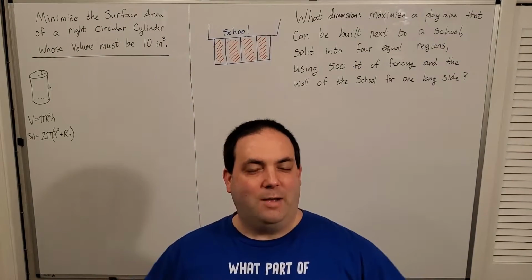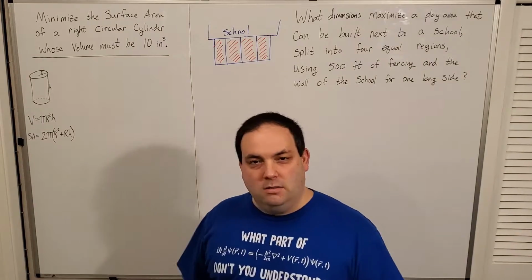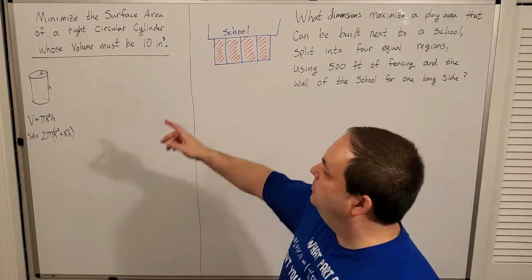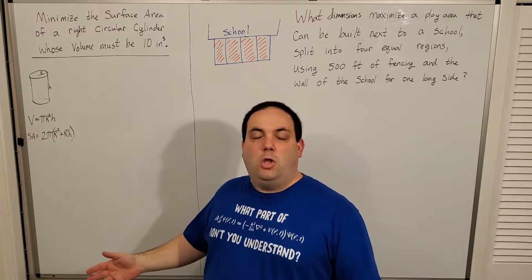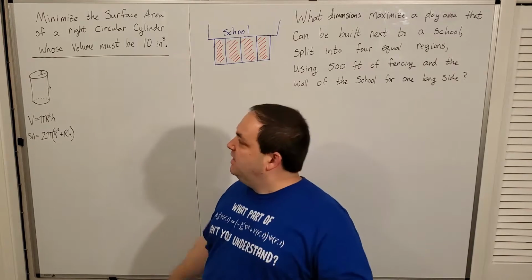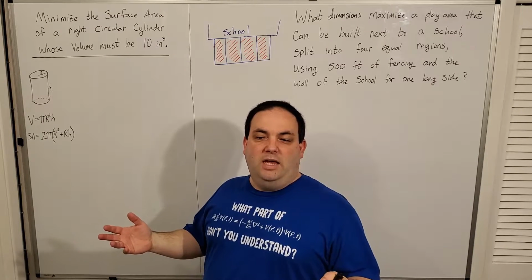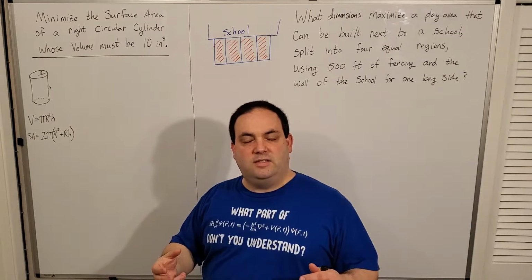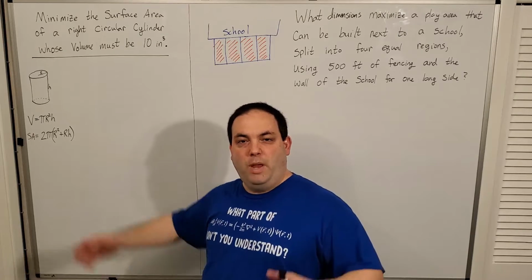More examples of optimization. Here's a couple of common ones. Minimize a surface area and maximize a play area. So this one right here is strictly just knowledge of formulas that go along with the cylinder. Minimize the surface area given that the volume must be some set amount. This sounds a lot like, say, a soda company wants to minimize the cost in creating the cans, or maybe a soup company, right?